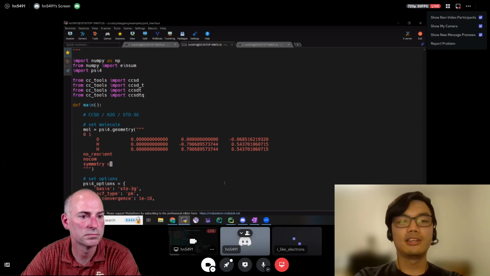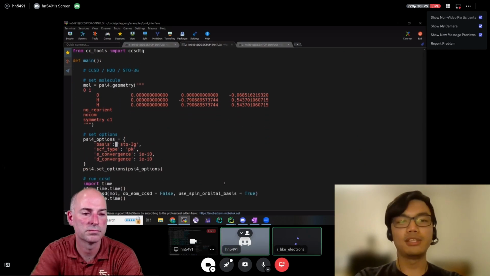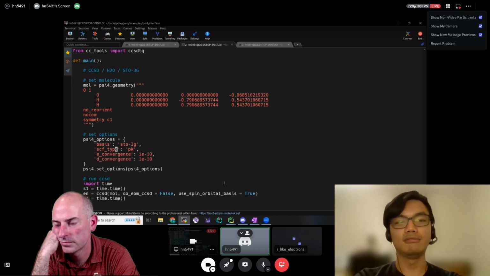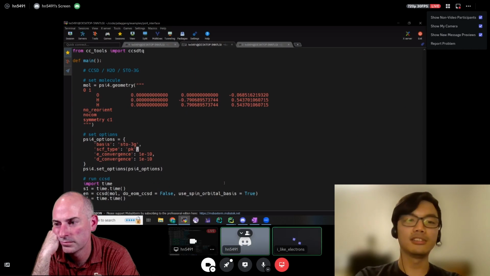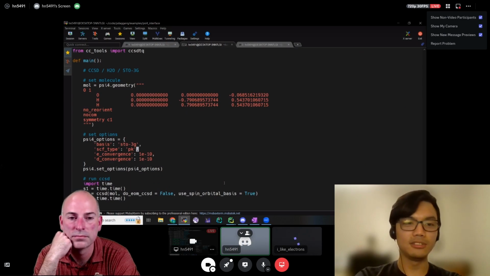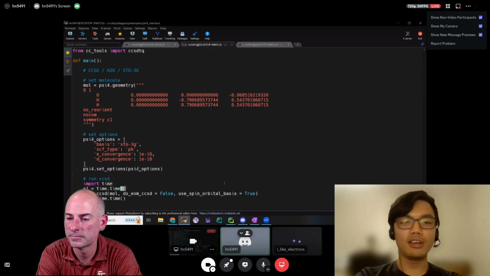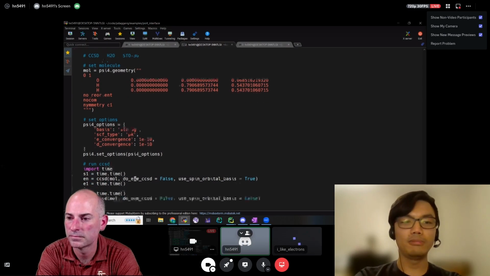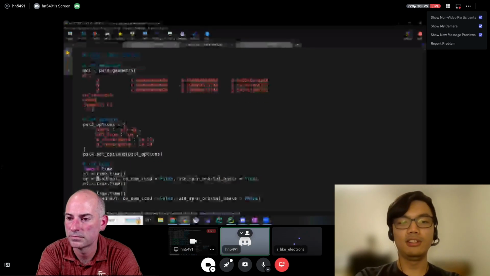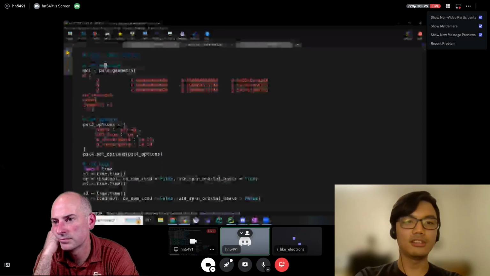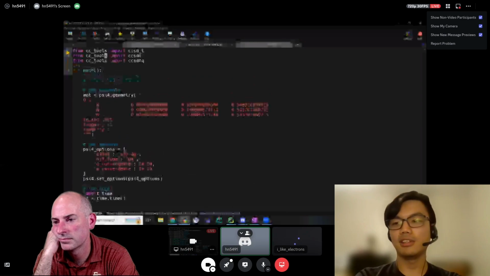So you give it the options: set basis, Hartree-Fock, convergence criterion, and SCF type PK, which means do explicit integrals, right? Don't do density fitting or Cholesky decomposition. And then give that option to Psi4. And then you basically just call this CCSD function, which, as we see here, lives in CC tools.